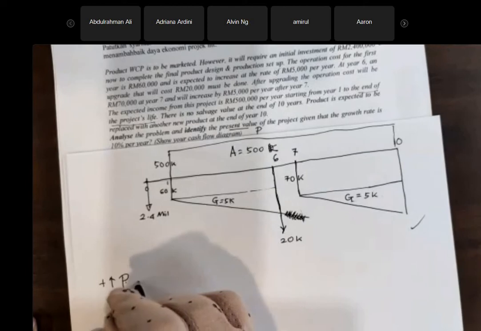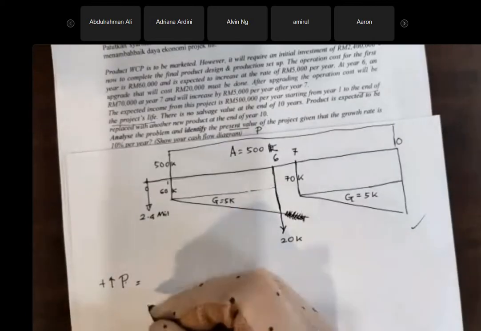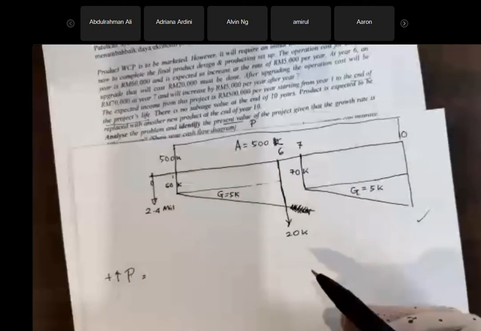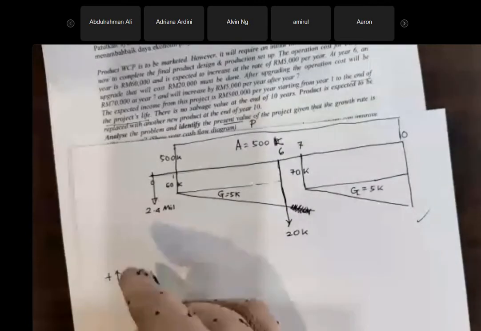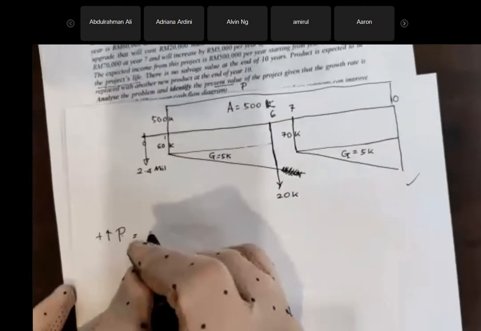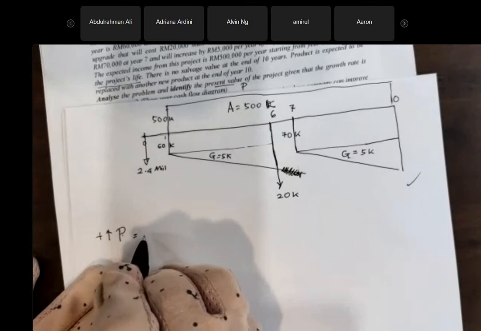Okay, this one I want someone to read. When I call your name, please read what I should write here. Okay, Aaron, what should I do here? Aaron, start with.